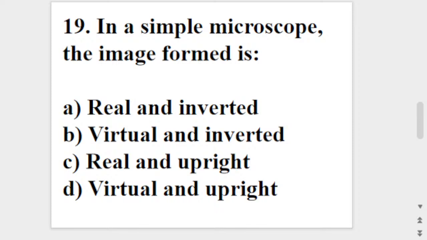So a simple microscope is a device made up of only one converging or convex lens that is used to produce a magnified image of an object. And in a simple microscope, the object is placed between the focal length and the lens, therefore producing an image with three characteristics.